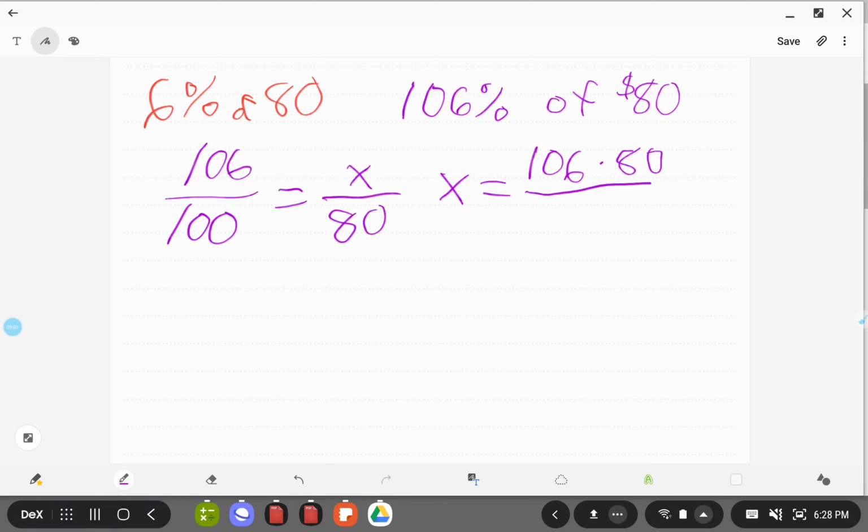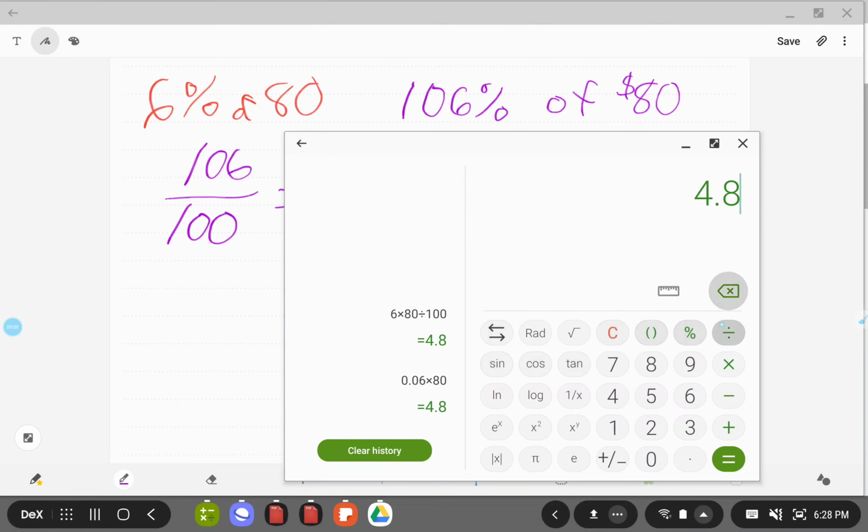And then I divide it by my other piece, 100. Watch, check this out. 106 times 80 divided by 100 gives me 84.8.